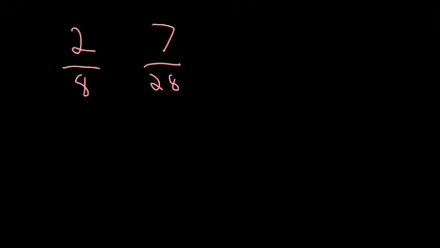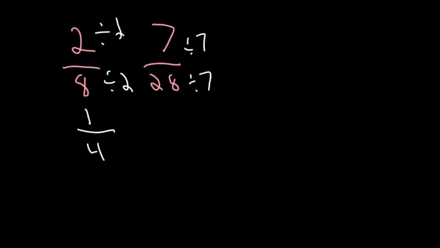So first let's reduce. 2/8, you can divide both those by 2. 2 divided by 2 is 1, and 8 divided by 2 is 4. And then 7/28, you can divide both those numbers by 7. 7 divided by 7 is 1. 28 divided by 7 is 4. So 1/4 equals 1/4. Those are equivalent ratios.